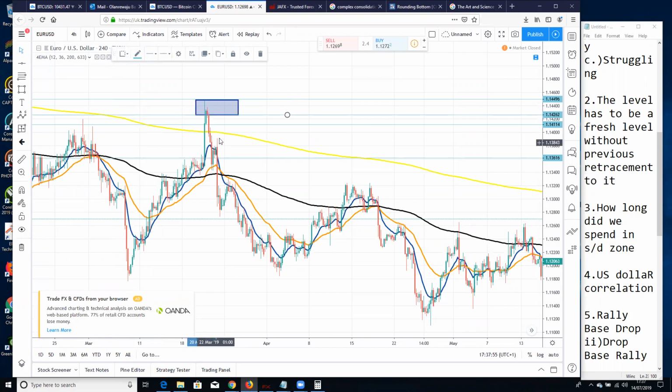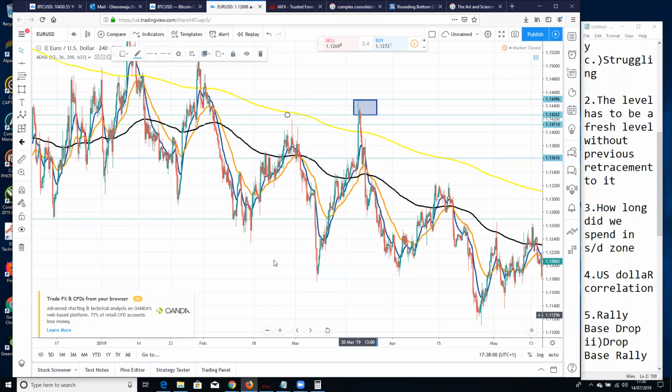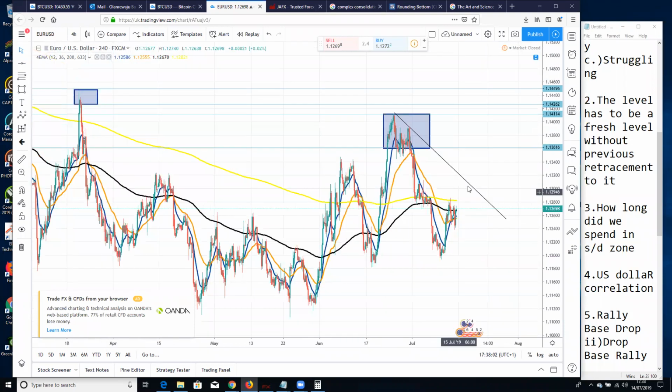So we are anticipating, if we ever have the break of this trend line, it will give more strength to euro, and then that can be the rally we are looking for, that will push price up to a particular zone where we are looking for that sell off. And so this can be an area for us to be considering.